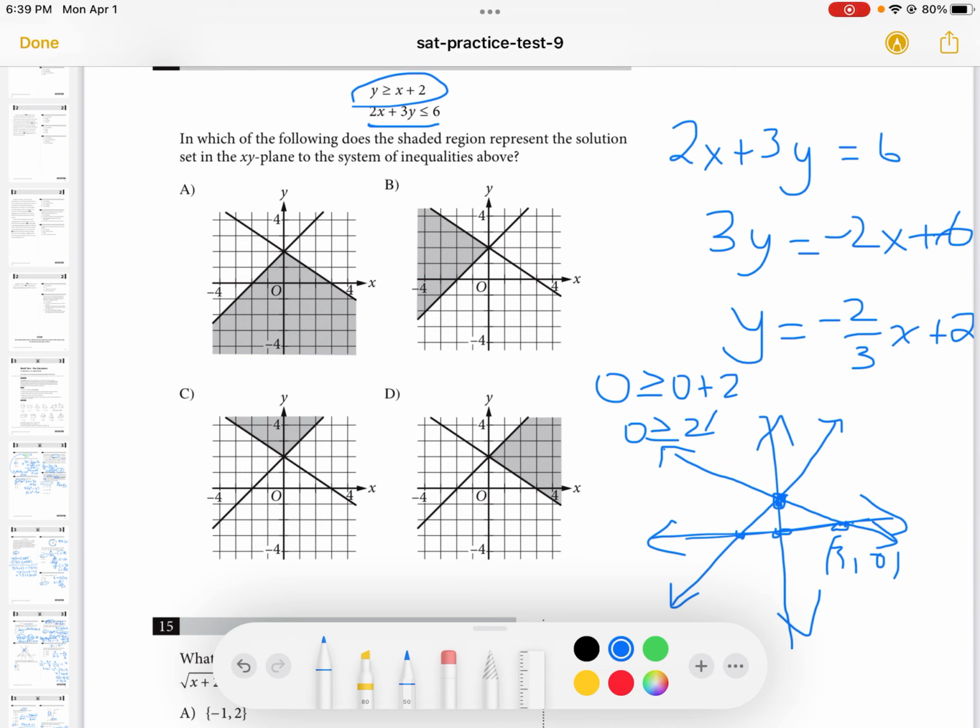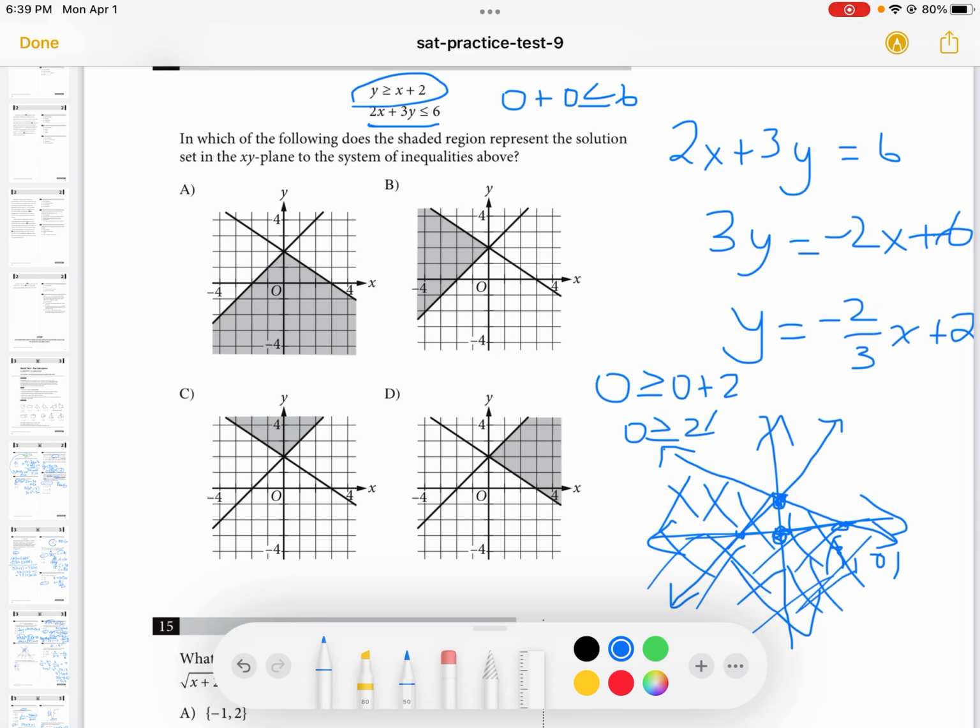Now again, we can pick the origin as our point and find out, is that point in our solution set for the second inequality? So if we plug that in, we get 0 plus 0 is less than or equal to 6. That checks out. So we know that side of the line is our solution set.